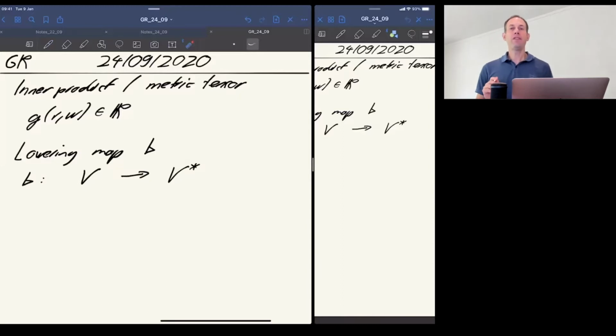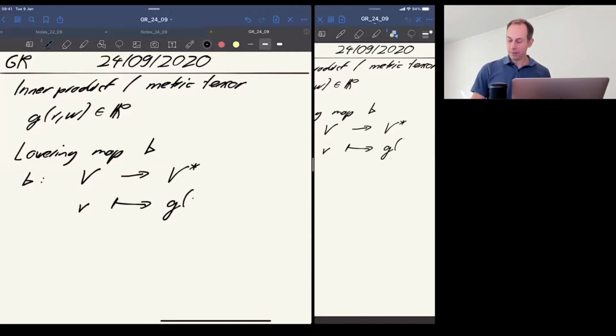However, once we have defined an inner product, and I will now assume that we have defined such an inner product on the vector space, there's a natural way to identify elements from here with elements from here. And the way this is done is as follows. So we take a little v, that's a vector, and just map it to the following function, namely g, v, and then take an arbitrary argument.